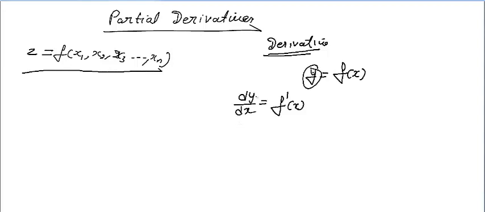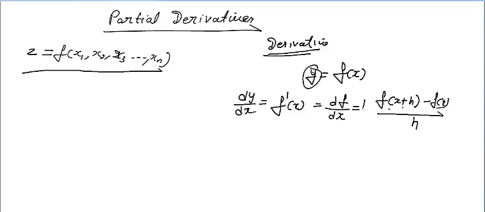So you can find that derivative, even you can write derivative of f with respect to x. What is the definition? If your x changes from x to x plus h, the definition is f(x plus h) minus f(x) upon h, limit h approaches 0.